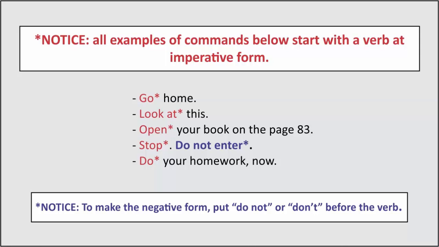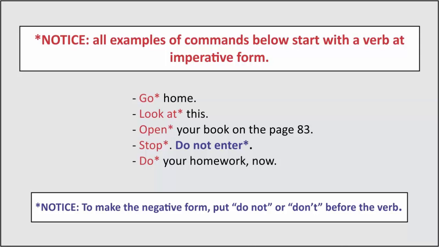Notice that when I say do your homework, the main verb is do. And when I say don't do your homework, or if you prefer, do not do your homework, the main verb continues being do. But what's important here is don't make confusion between the auxiliary do and the main verb do. Many people make confusion with this.